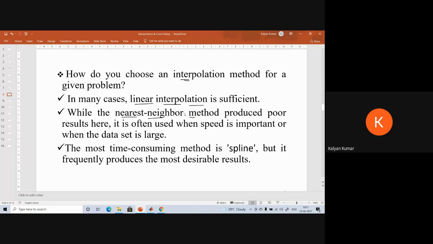I take only a few points here, but whenever the data set consists of thousands of points, then in order to get the solution in a faster manner, we use the nearest neighborhood method. And the most time consuming method is the spline method, but it's going to give the desirable results. So based upon our requirement, we can choose either linear interpolation, spline interpolation, or nearest interpolation method.